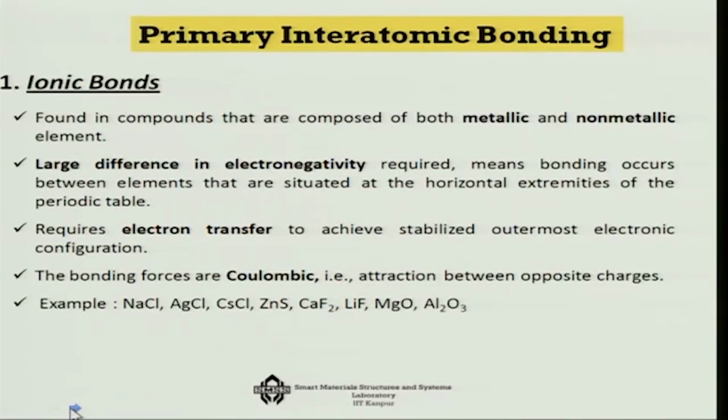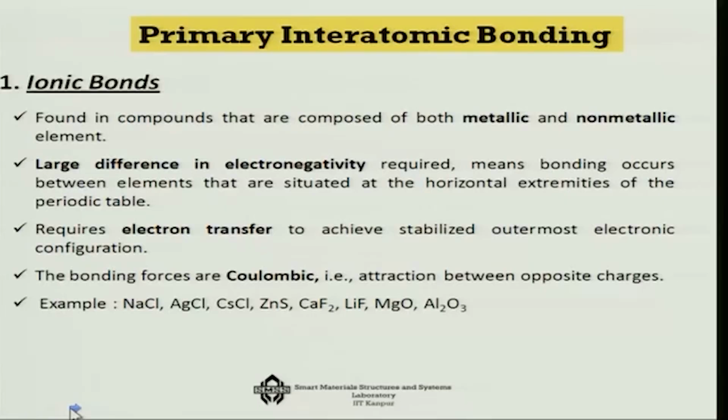Okay, so, first we will talk about the ionic bonds. Ionic bonds are found in compounds that are composed of both metallic and non-metallic elements, because you need to have one highly electronegative, or say electronegative, and one electropositive in order to make an ionic bond. So, hence you will get compounds that will have a metallic part and a non-metallic part.